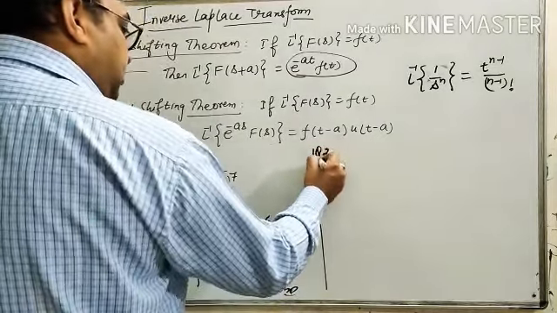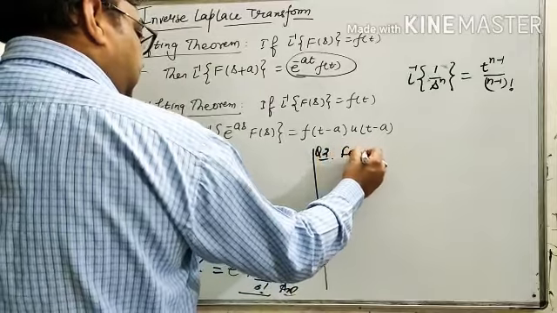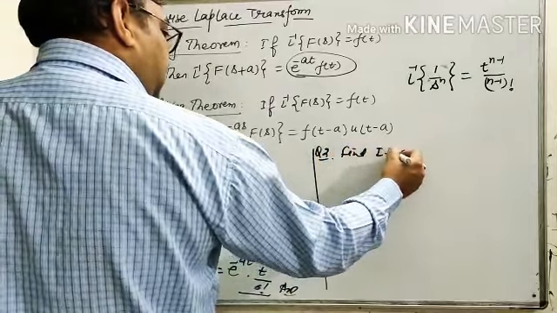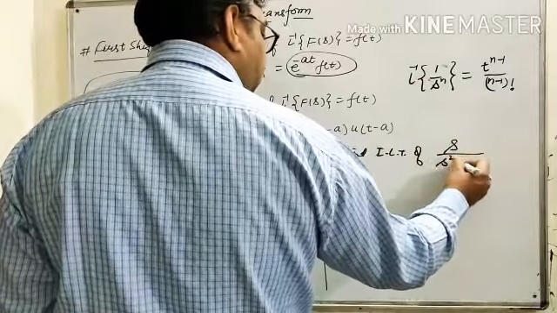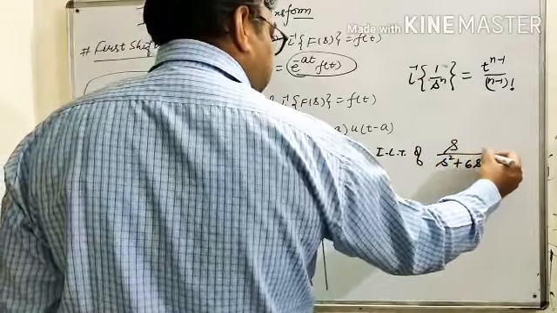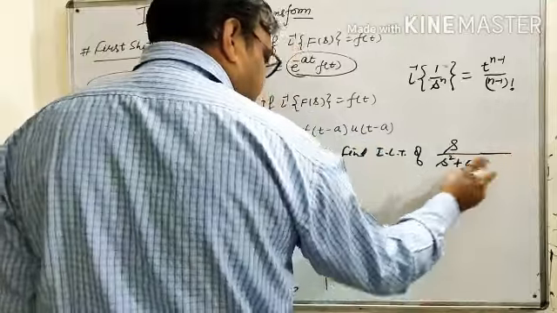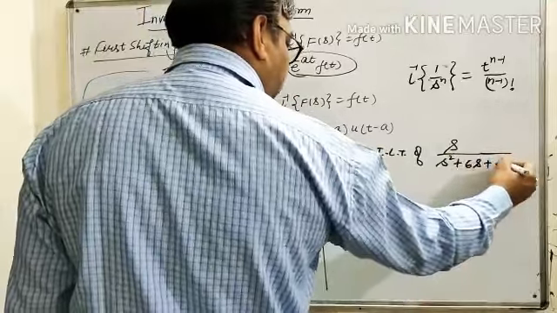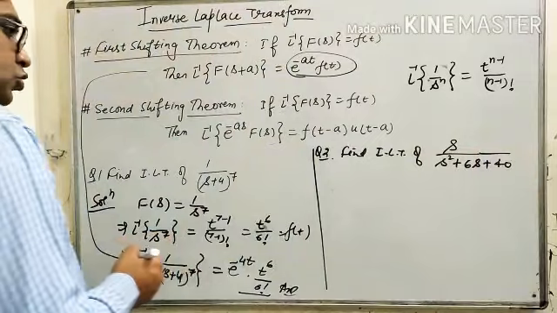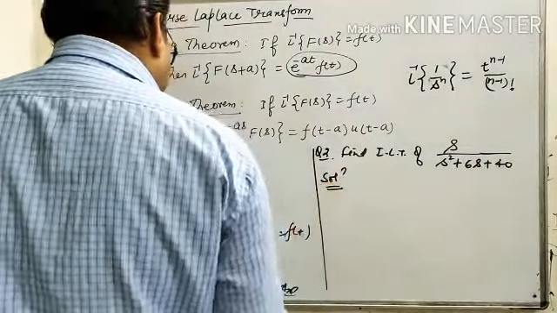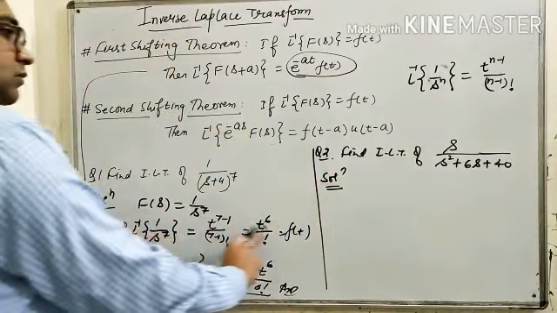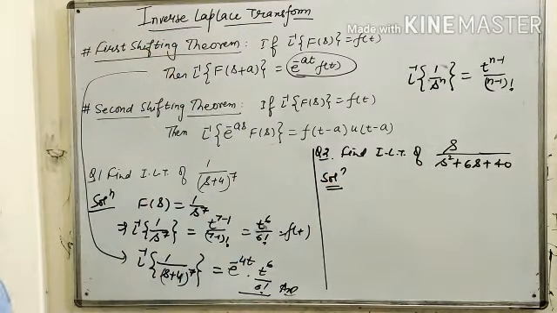Moving on to the next question. Find inverse Laplace transformation of s upon s^2+6s+40. For this, first we have to identify F(s), but from this we cannot identify F(s) directly.